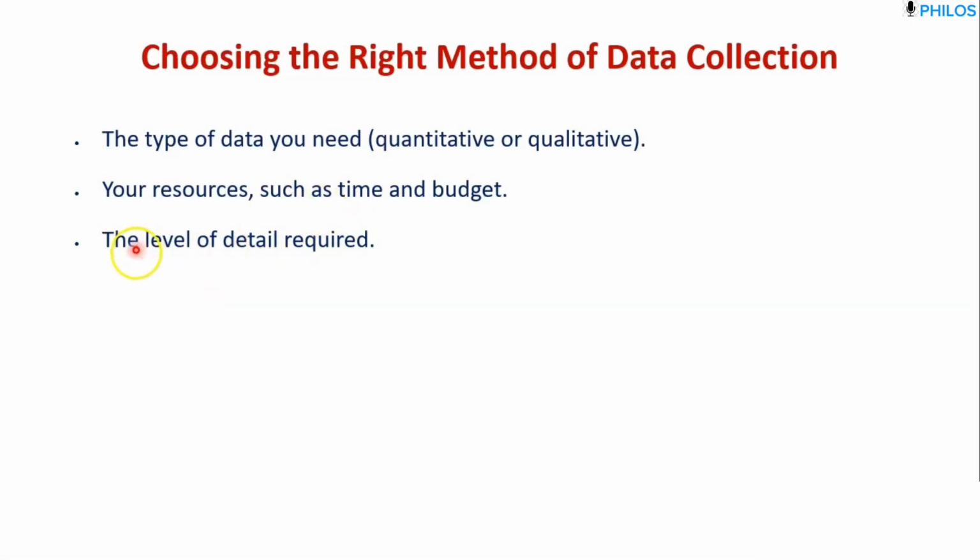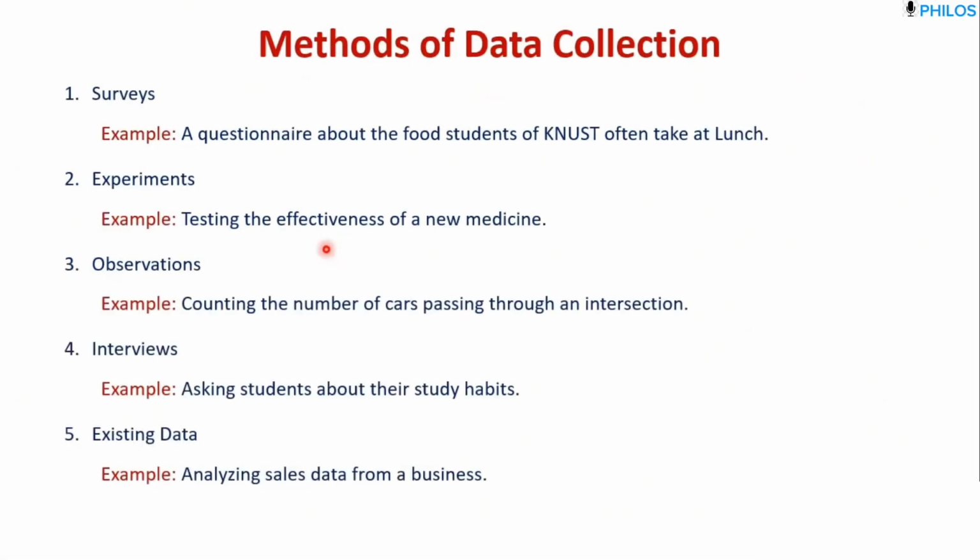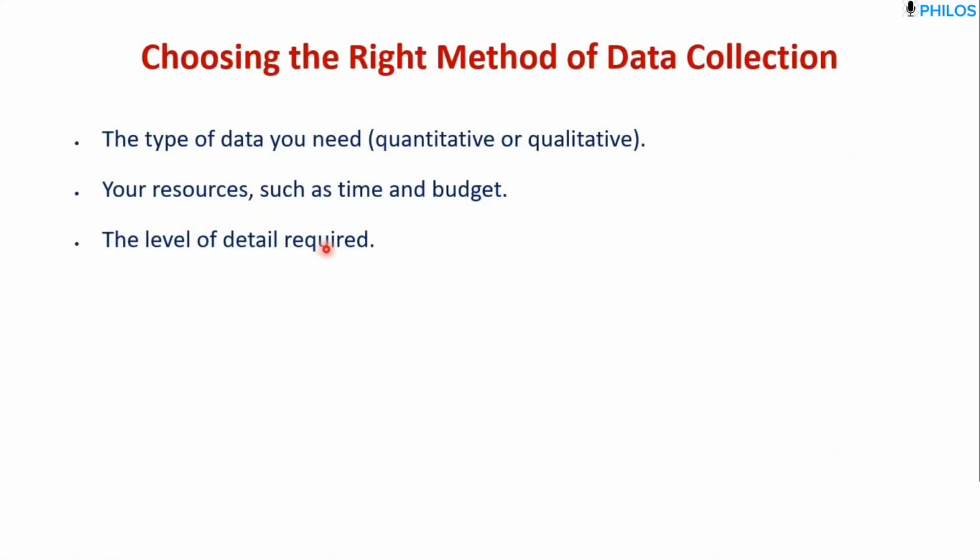Then you should also consider the level of detail required. If you don't want detailed responses, you can just go for surveys. But if you want detailed responses, then you have to conduct interviews. So to choose a method of data collection, you need to consider these factors.